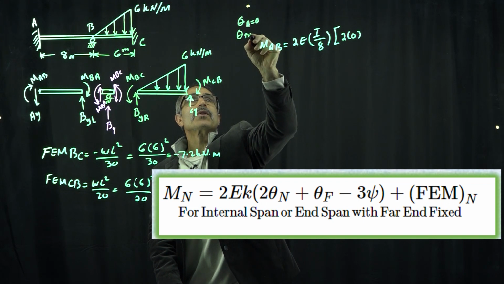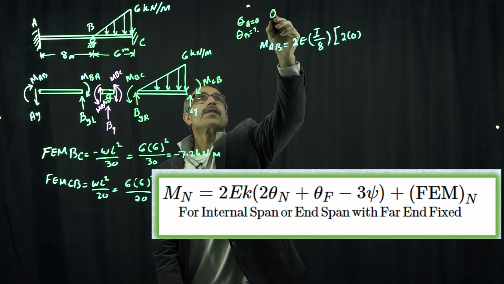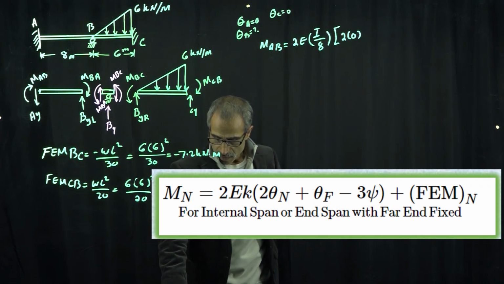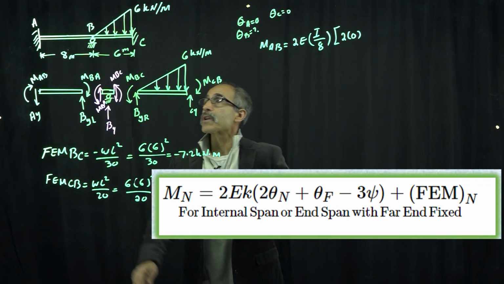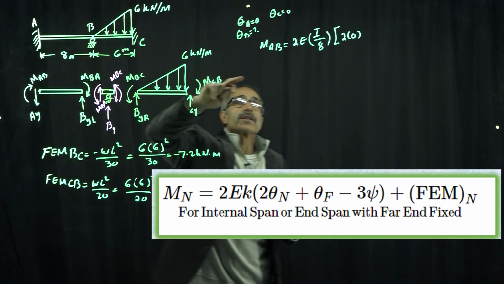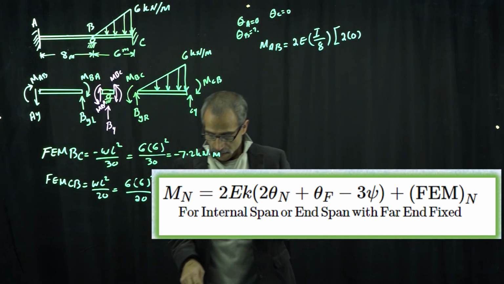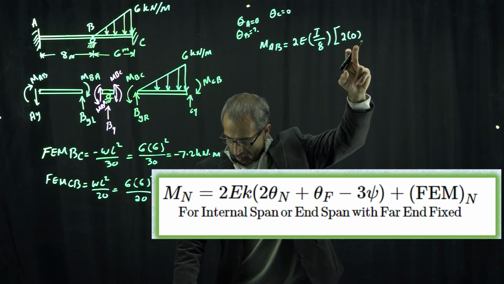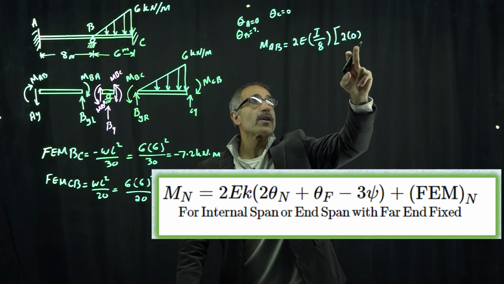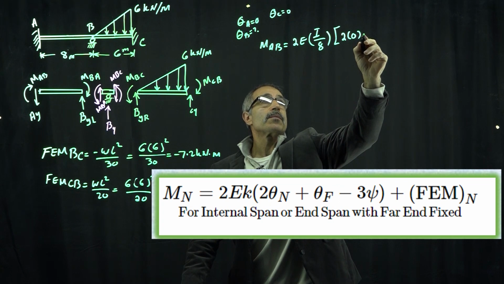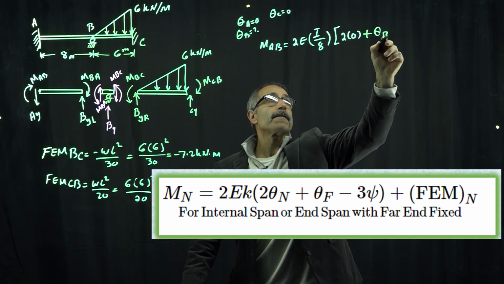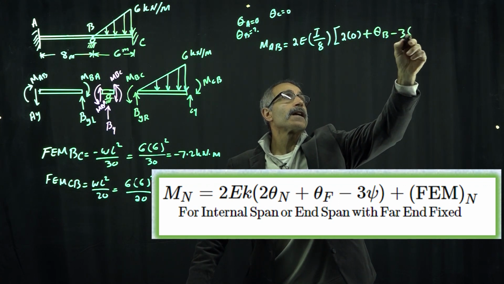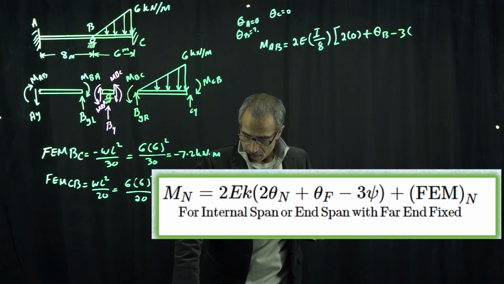Theta B we don't know, and theta C is equal to 0 also. But we're working on member AB. It's going to be 2 times theta n plus theta far away, which is theta B, so plus theta B, and minus 3 times phi.